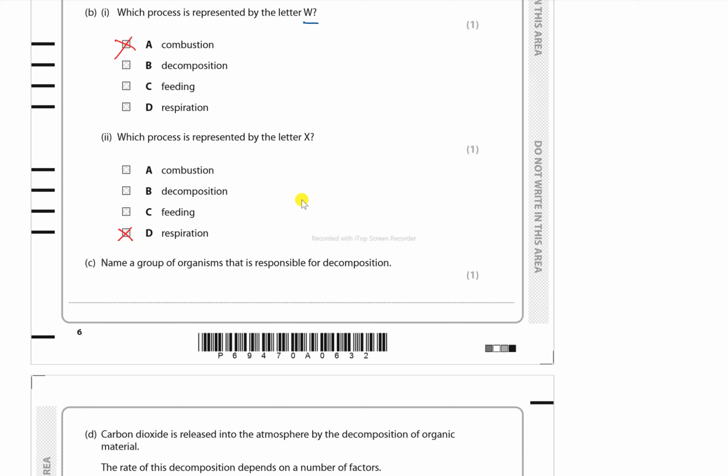Right, remember this. Respiration goes on at cell level, in cells. It releases energy.